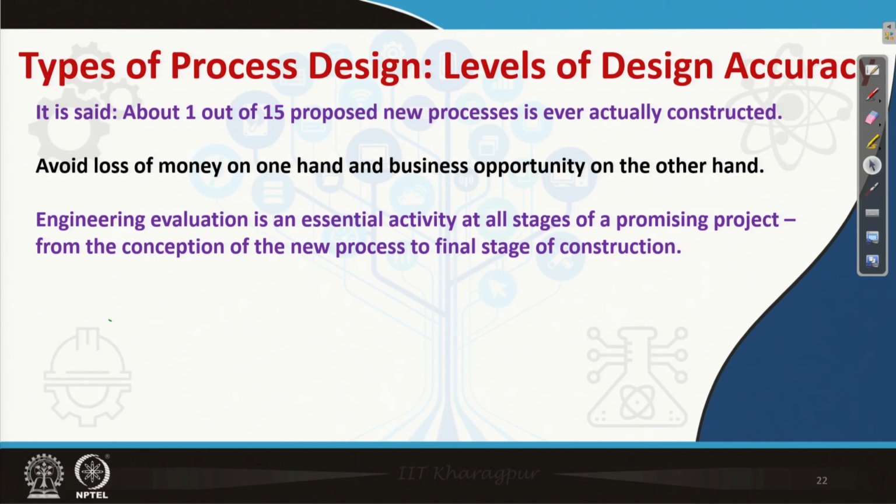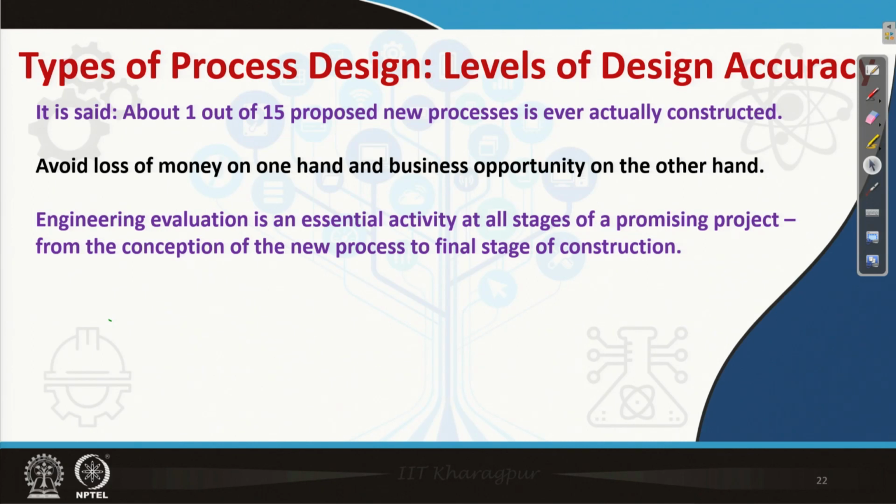Now, we ask the question, what should be the level of design accuracy? It is said about 1 out of 15 proposed new processes is ever actually constructed. We have to avoid loss of money on one hand, and we must not lose business opportunity on the other hand.